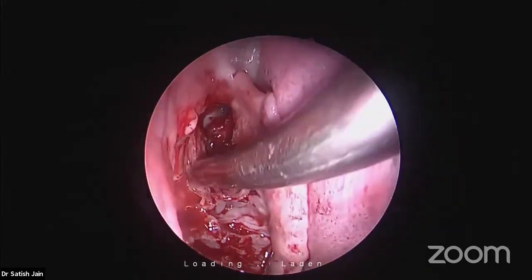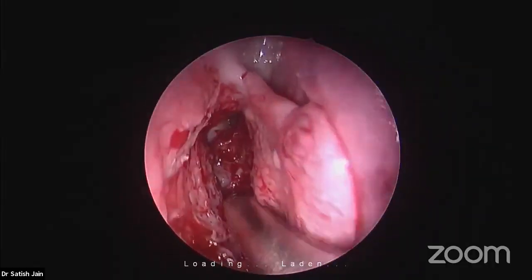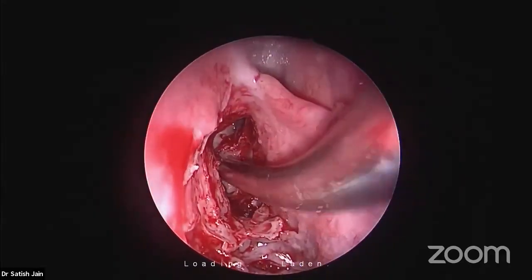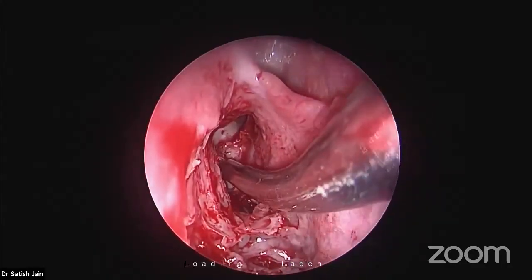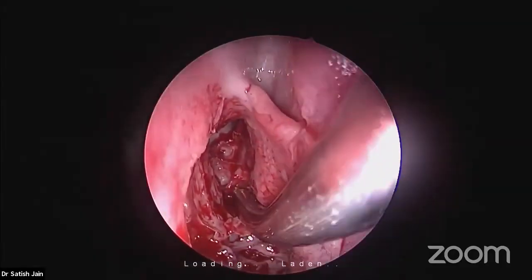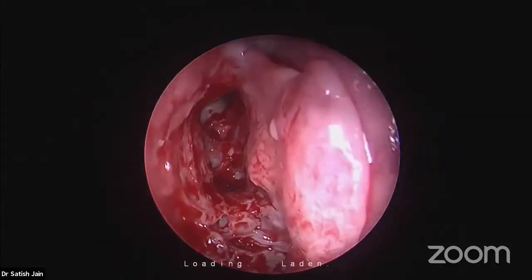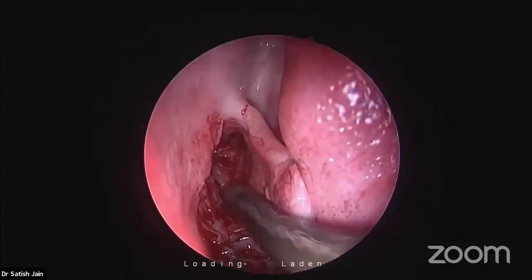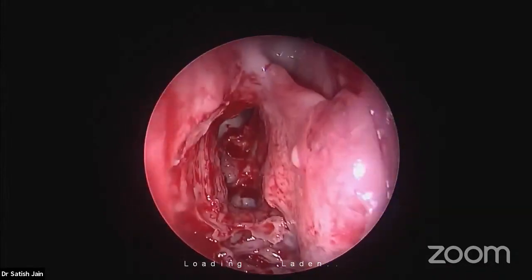That means what I perceived, Satish, is that the fovea, the retrobullar recess, and the suprabullar recess represent the same anatomical part posterior to the bulla from above downwards. Now see, this is a complete anterior ethmoidectomy done, with preserved mucosa everywhere.